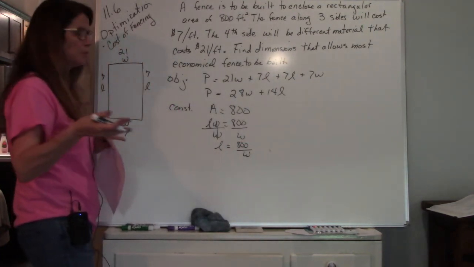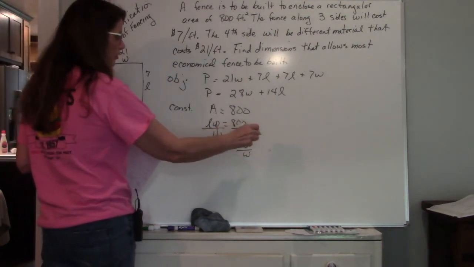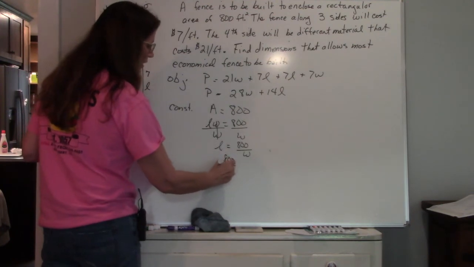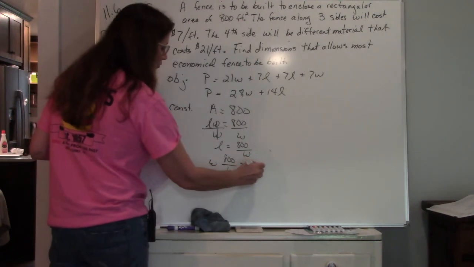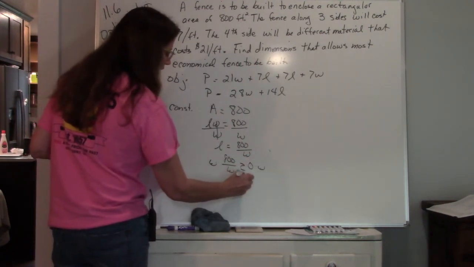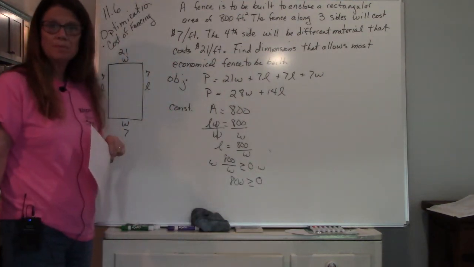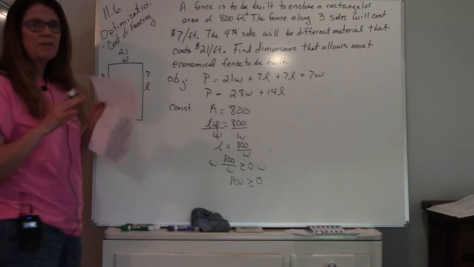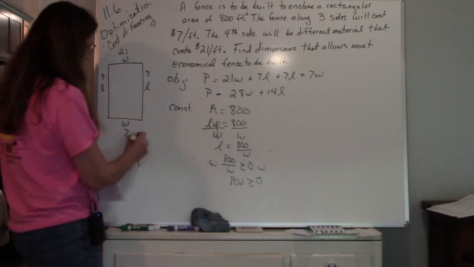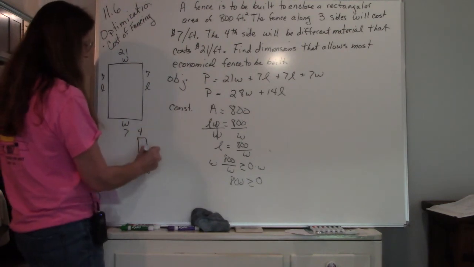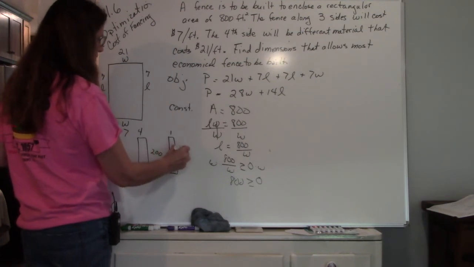And like we did with minimum perimeter on the first equation, when you set this to greater than or equal to 0 to find our endpoints, what we find is if I multiply both sides by W, I get 800 is greater than or equal to 0, which is a true statement, okay? But because of how area can be manipulated, so for instance, I could have 4 times 200, or I could have 1 times 800.